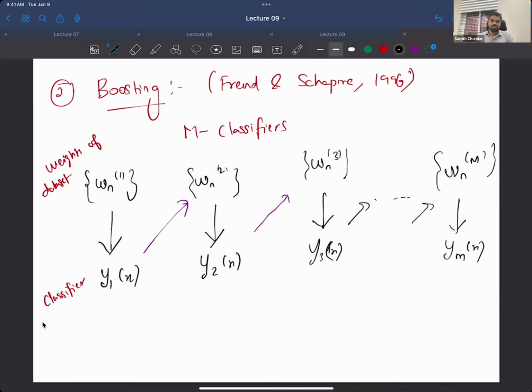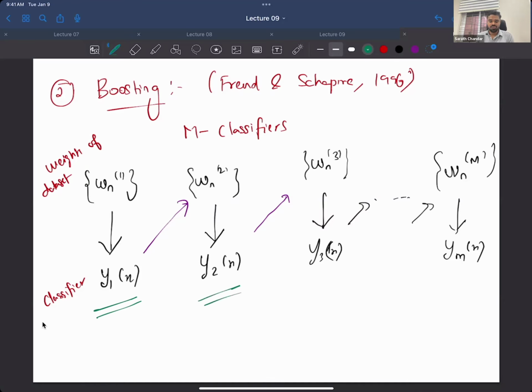So this is a sequential process. Of course, we are going to discuss in detail how to construct these wn's, how to combine these models and all those things. But first, I want you to get the idea of boosting. The idea of boosting is to first train a model y1 of x with a bunch of weights for the examples. Then look at the mistakes of y1.